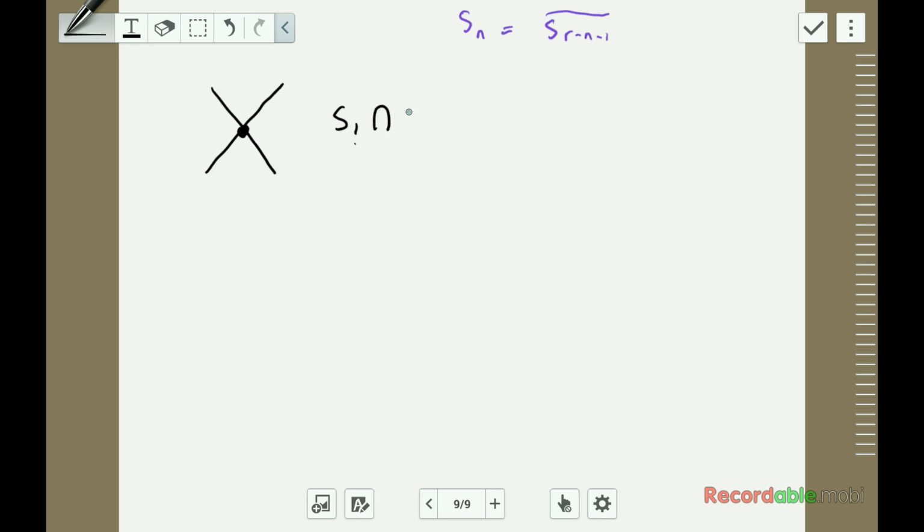We can write this in our language as saying that S1 intersection S1 is equal to S0 in this case. Now, the dual idea of this is that if we have 2 points, then we can always find a unique line between them.